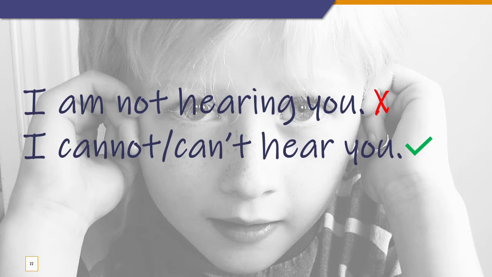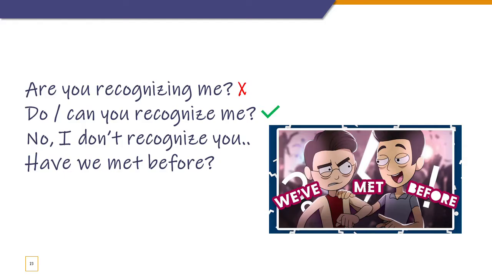That's more appropriate. It also has a dynamic meaning when you say I'm hearing some noises in the background. That means I'm able to hear, so that's a different thing. But when you're generally talking about your ability to hear, you can hear or you cannot hear, but you don't say I'm not hearing.